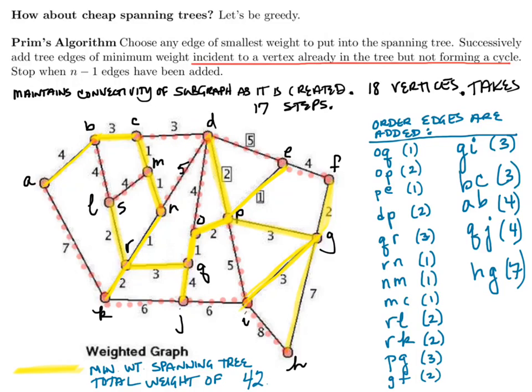And then the very last step will be to add the weight 7 edge, HG. So the yellow edges here represent our minimum weight spanning tree, and if you add up all the weights that we kept track of as we went along, you will see that the weight of this tree is 42.